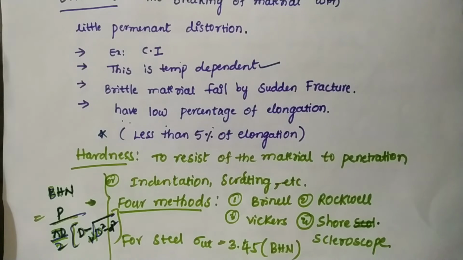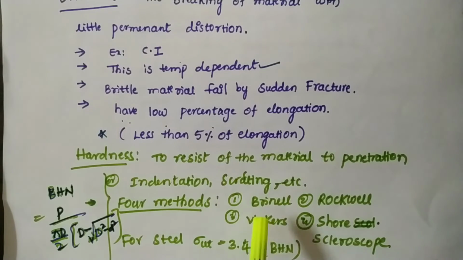The next property is hardness. Hardness means the resistance of a material to penetration, indentation, scratching, etc. This hardness is measured by using 4 methods.